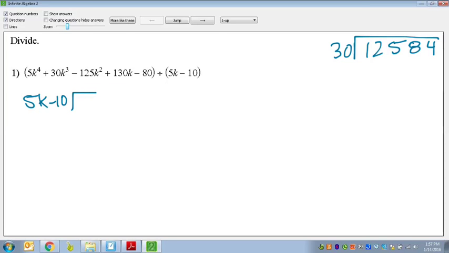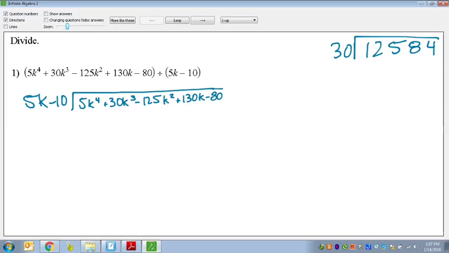And on the inside, we have 5k to the fourth plus 30k cubed minus 125k squared plus 130k minus 80.